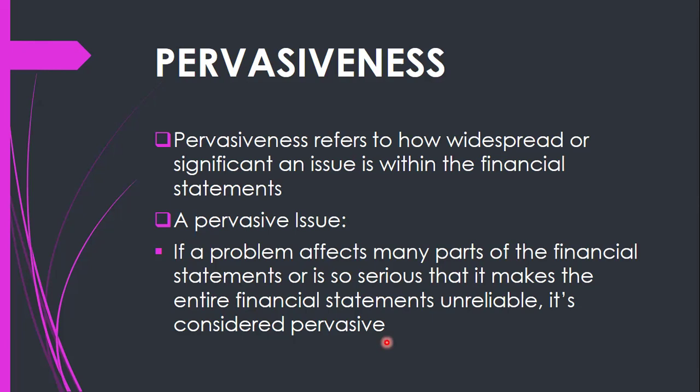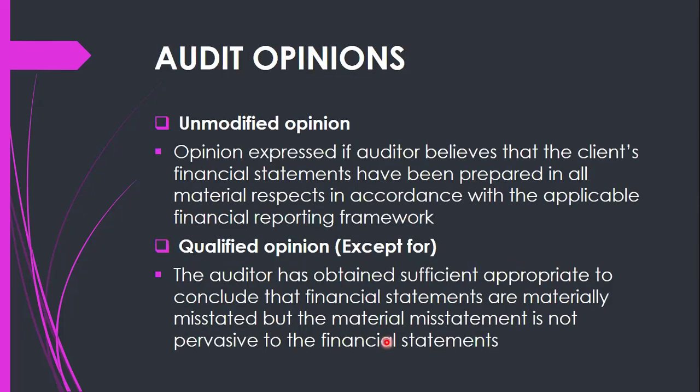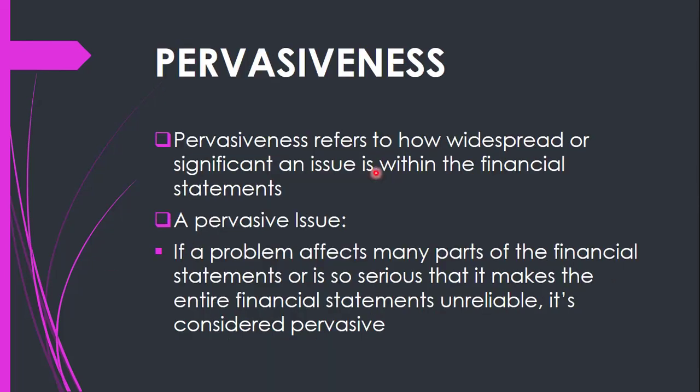Let me emphasize, a pervasive item refers to how widespread an item or how significant an issue is in the financial statements. A pervasive issue affects many parts of the financial statements, and or it's so serious that it may make the entire financial statements unreliable, right?